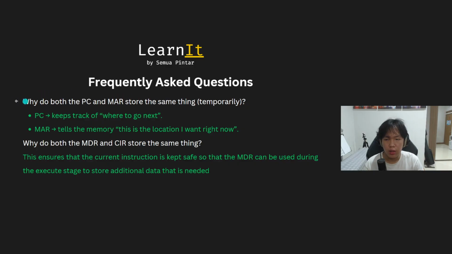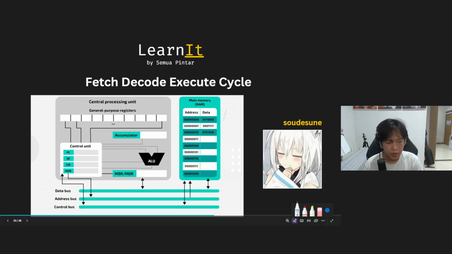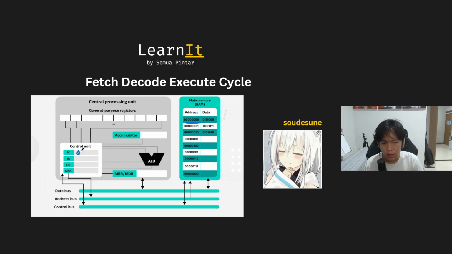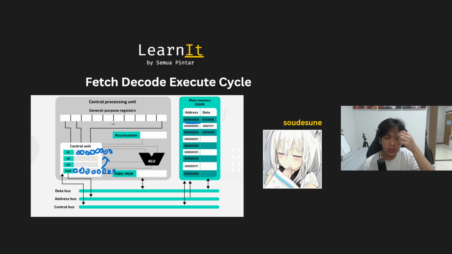So first of all, why do both the PC and MAR store the same thing temporarily? If you remember, the PC first stores the address, let's say this one, 00000000, and the MAR copies from the PC and stores the same thing. Why is that? Why doesn't the MAR store it directly instead of storing at the PC?